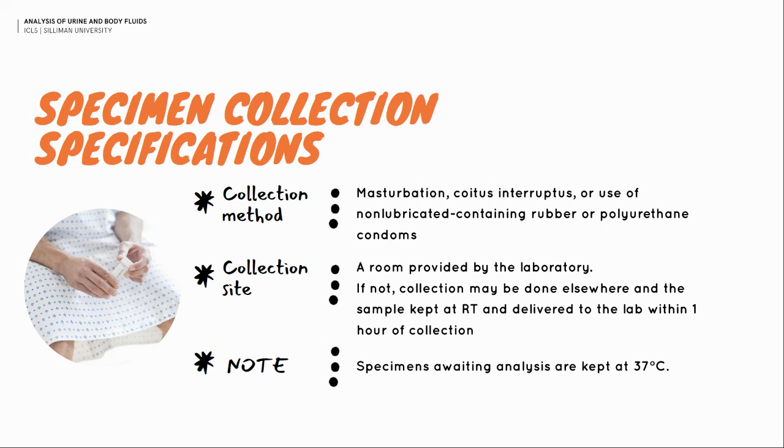We want all the fluid collected in one ejaculation, because if not, it will alter the results you will have later on. We will discuss later why it is important to collect all of it.